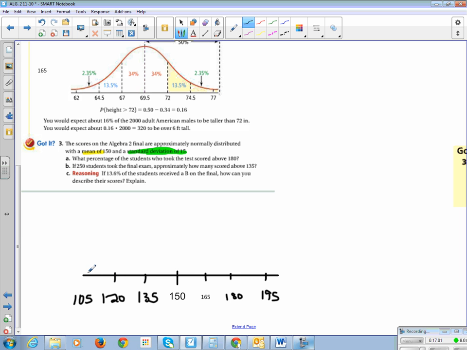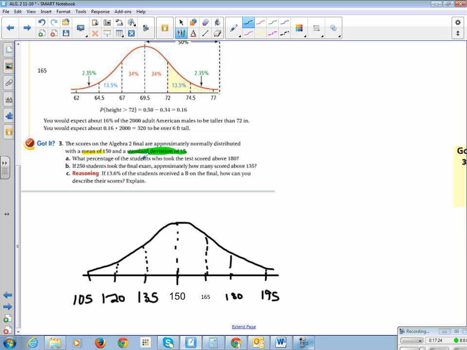Okay, let's draw this curve. So let's make it as symmetrical as we can. All right. So here's our nice little standard deviation.